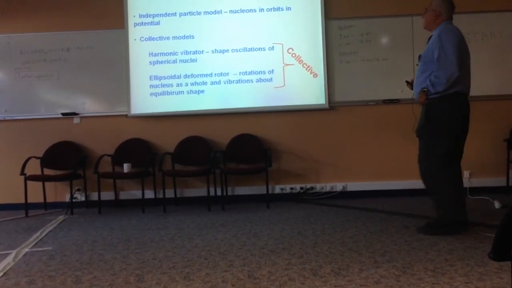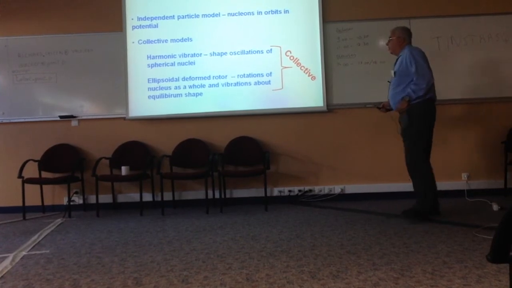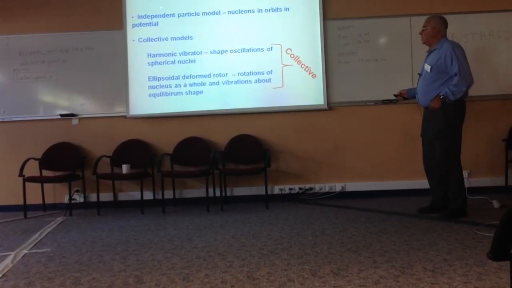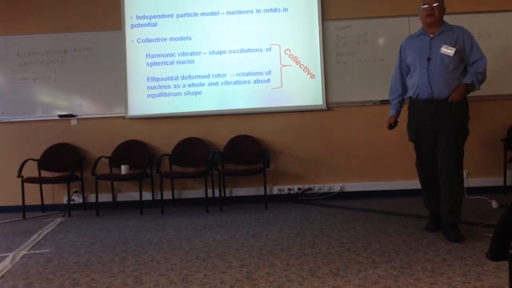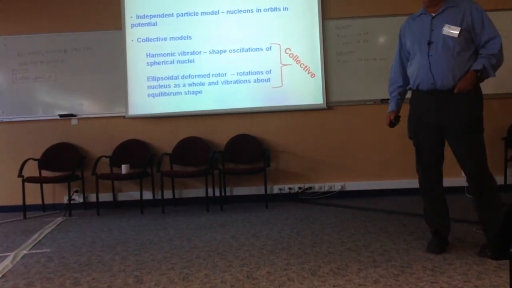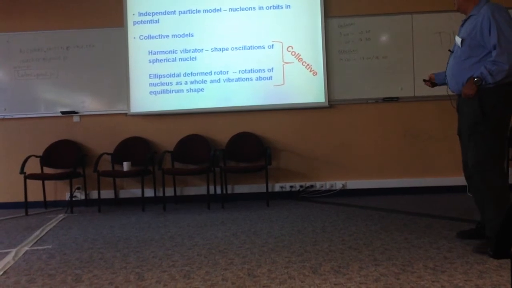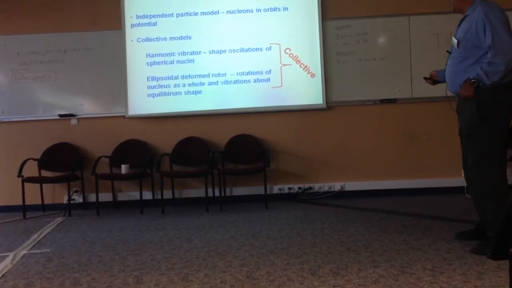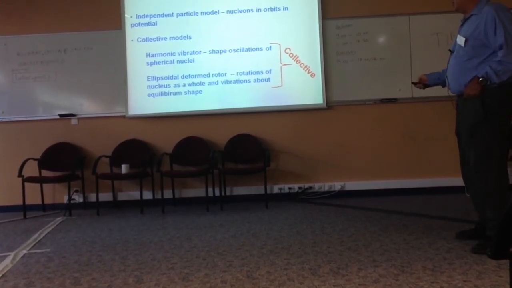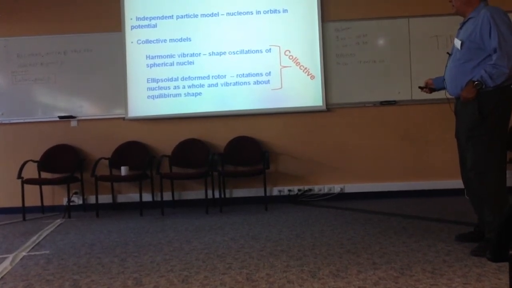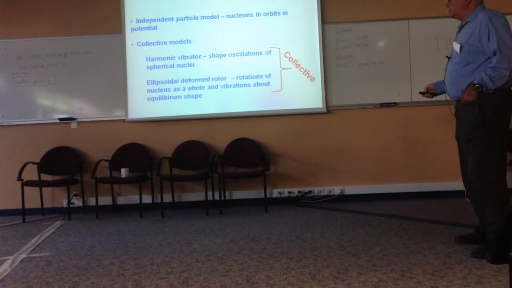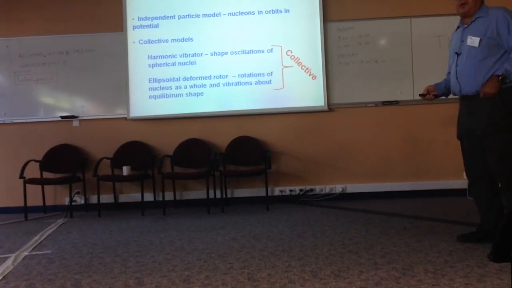Okay, now the idealized models. They're basically two classes. There's the independent particle model, which is just a model of nucleons running around the nucleus in orbits. And that's the foundation of the nucleon-based picture of the nucleus, the shell model, if you want. And I will go into some detail on that. And then there are collective models, where this model becomes impractical.